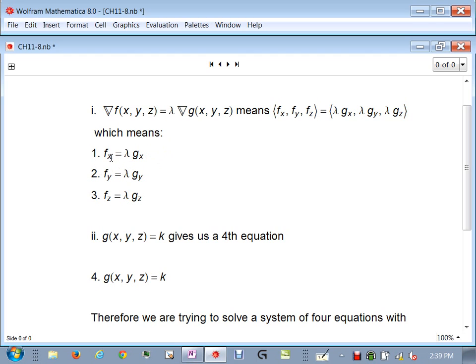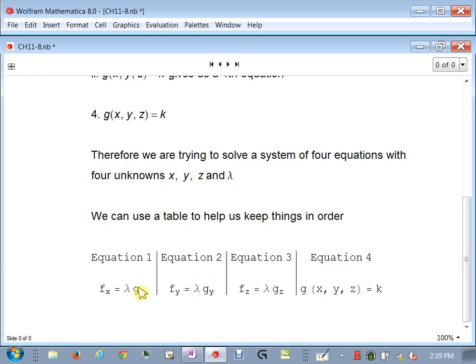Partial of f with respect to x equals lambda times partial of g, then the other partial, then the other partial, and then our 4th equation is the constraint. We will have 4 equations, 4 unknowns. We are solving a system of nonlinear equations with 4 unknowns. As you might imagine, the algebra of this is going to maybe be a little bit harder. There's more to keep track of, that's all.